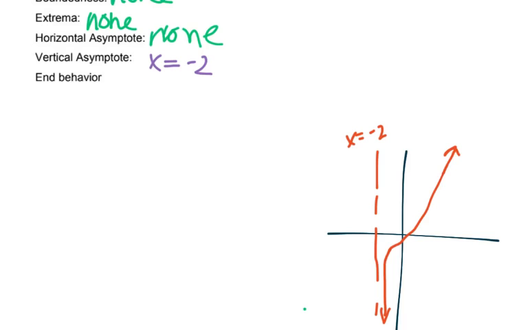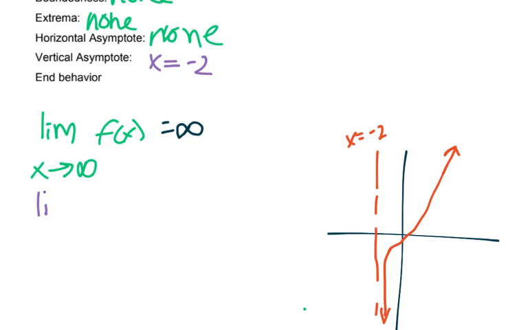And so our end behavior ends up being kind of interesting. The limit as x goes to infinity is not so bad. So as it's going to the right, it's going to infinity. But then we have to do the limit as x goes to -2 from the right. So we have to kind of put pieces together because we can't actually come in from the left because there's no equation over here.